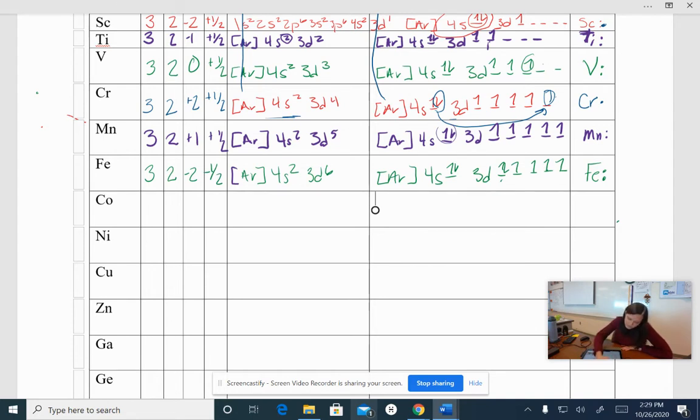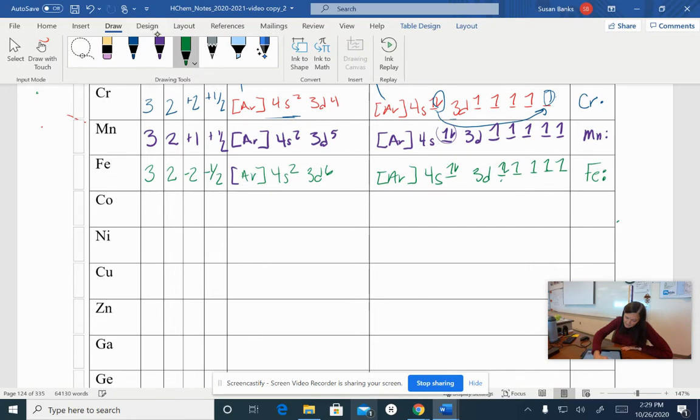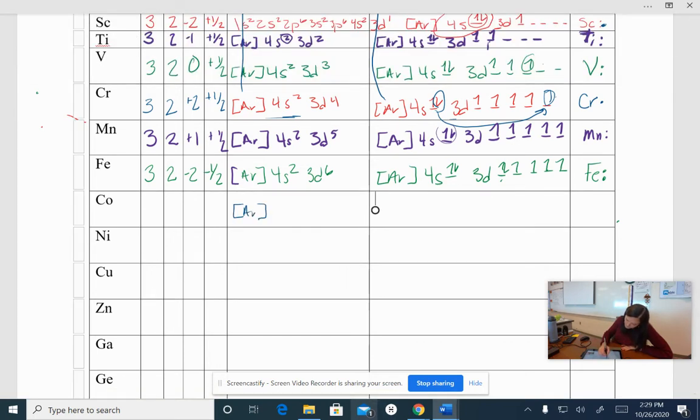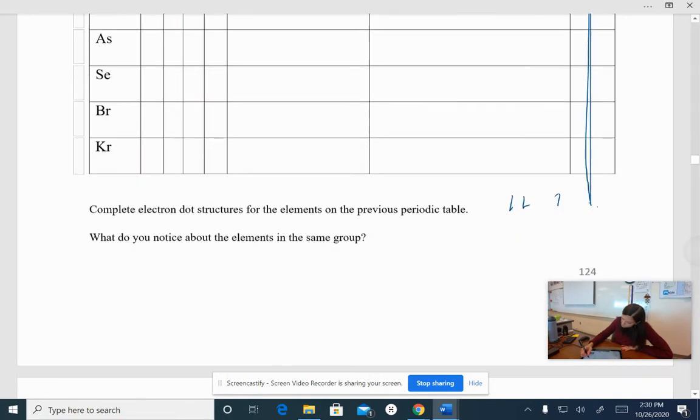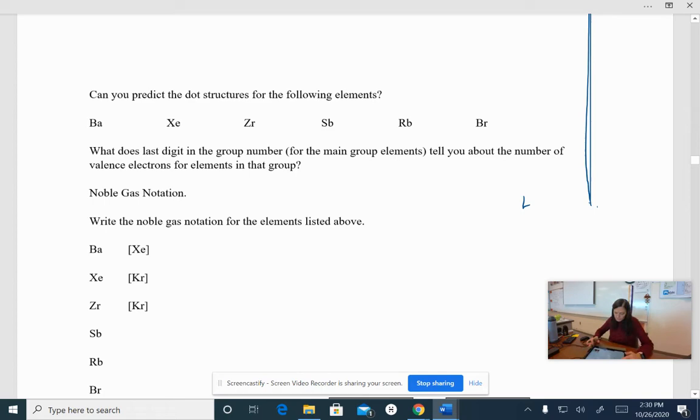Okay, cobalt, we're going to keep on adding things in here. So cobalt, we are going to do argon, 4s2, 3d7. So argon, 4s, up and down, 3d, we need 5 orbitals, 1, 2, 3, 4, 5, 6, and 7.